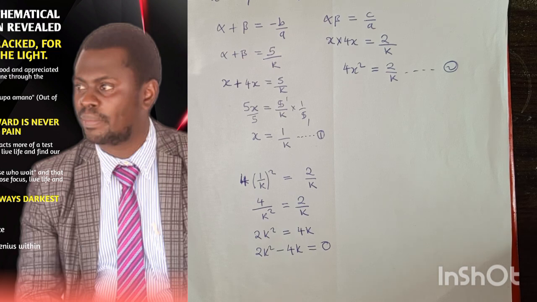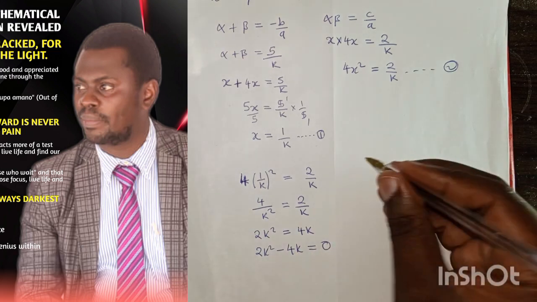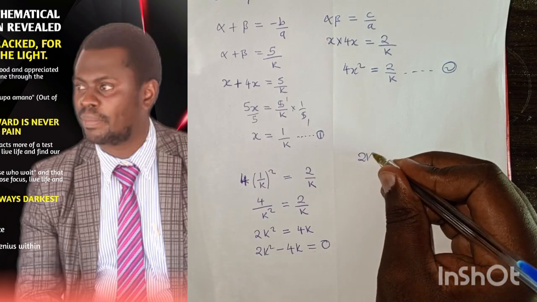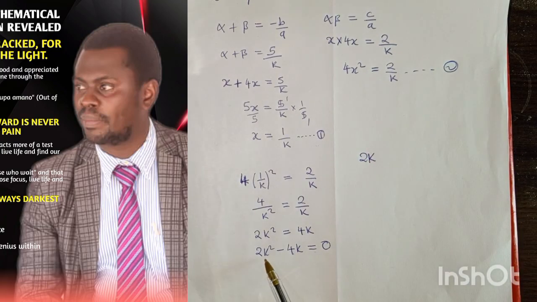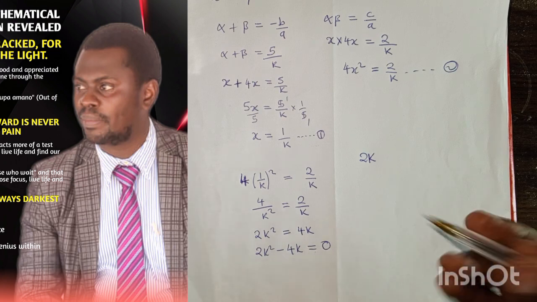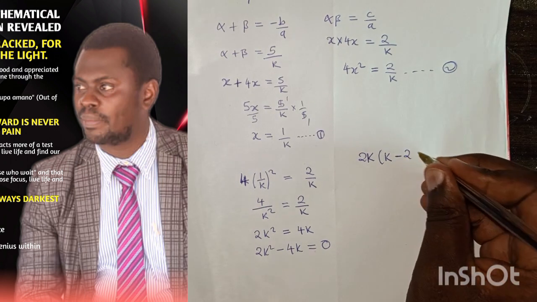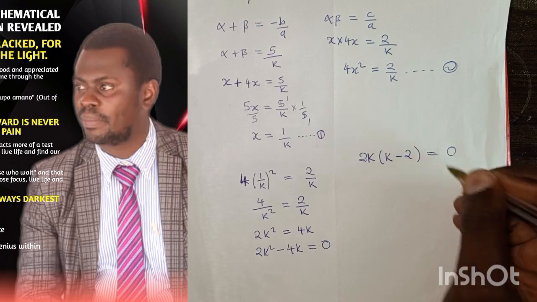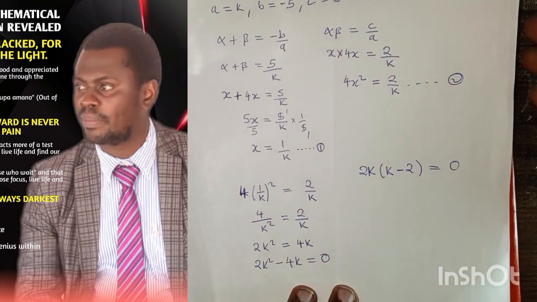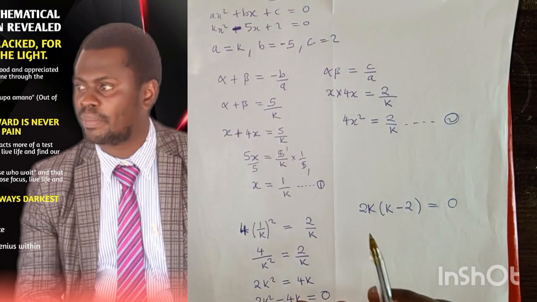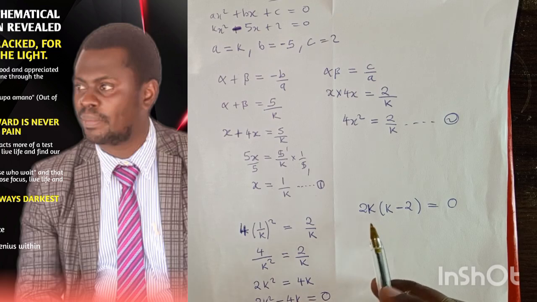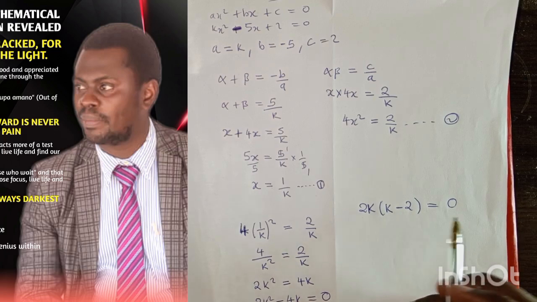So let's divide out 2k. 2k squared divided by 2k, you get k. Then minus 4k divided by 2k, you get minus 2. So we have 2k times k minus 2 is equal to 0.